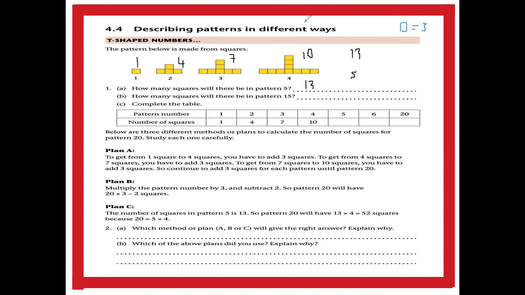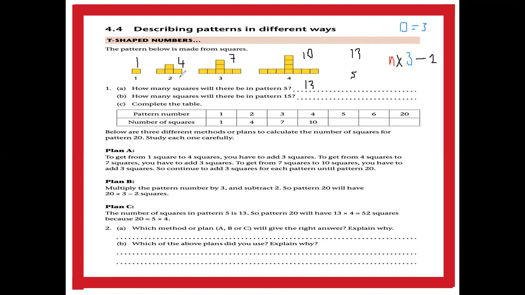then we could write n times 3, and in this case we would be subtracting 2 from each term. So if we substitute 1 in there, we have 1 times 3 gives us 3 minus 2, which would give us 1.